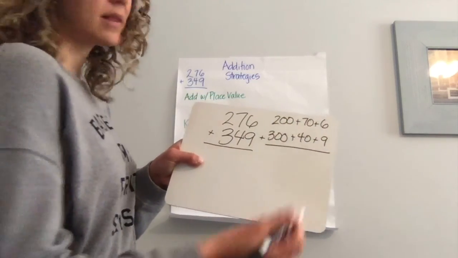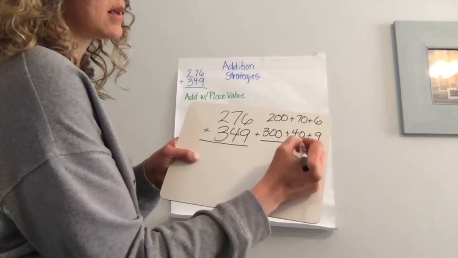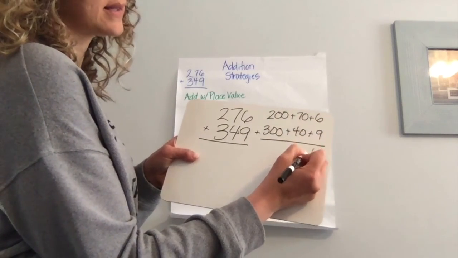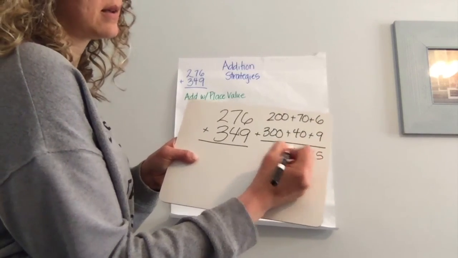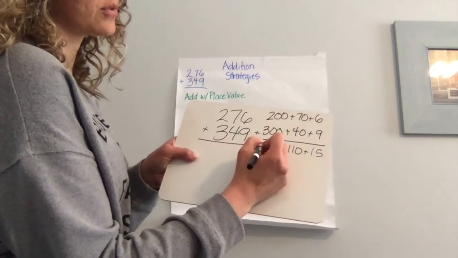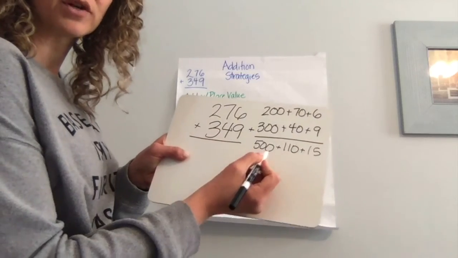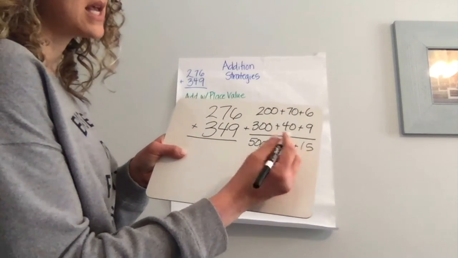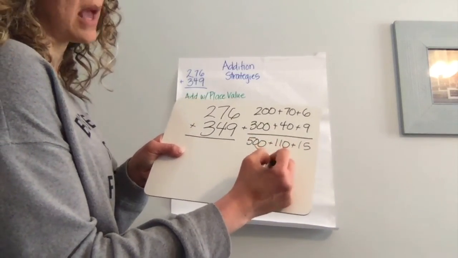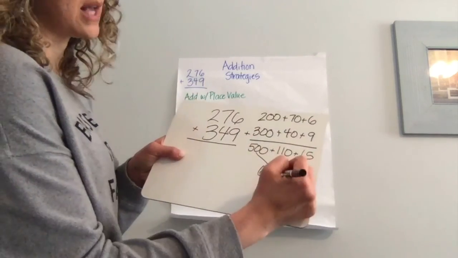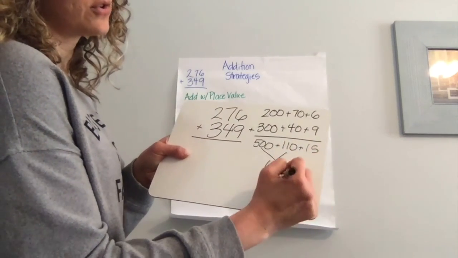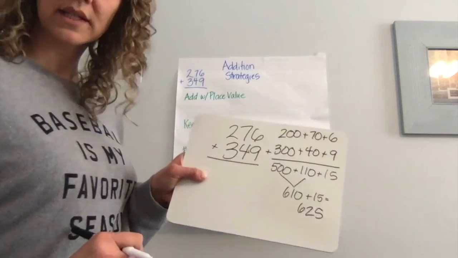And so we would think of it like this: 15, 40 plus 70 is going to be 110, and 200 plus 300 is 500. And so now we can think about this problem: 500 plus 110 plus 15, and eventually we would like kids to just be able to know those two numbers together are going to give us 625.